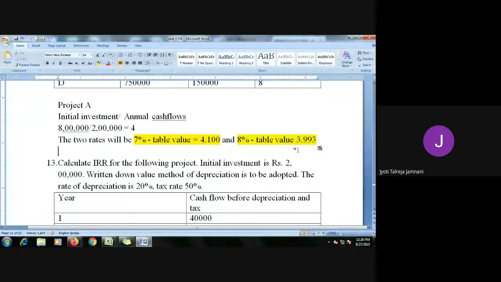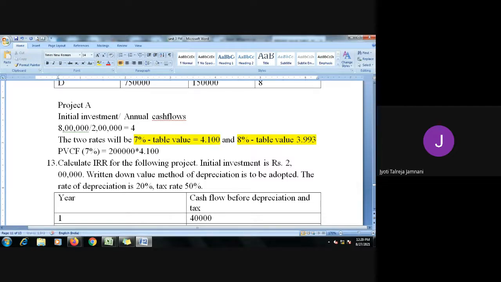So now first we'll find the present value of cash flows at 7%, which is equal to your annual cash flow, given as 2 lakh rupees, into the 7% factor 4.100.